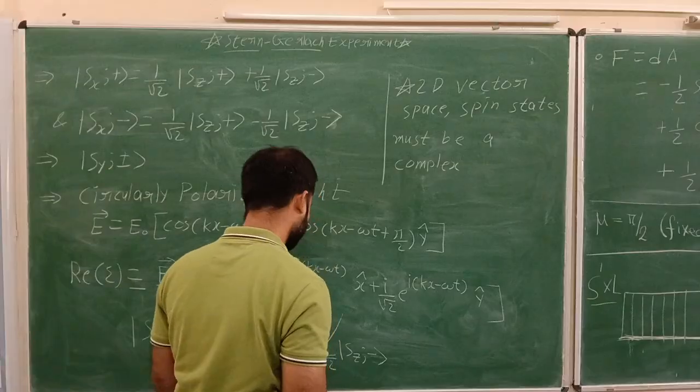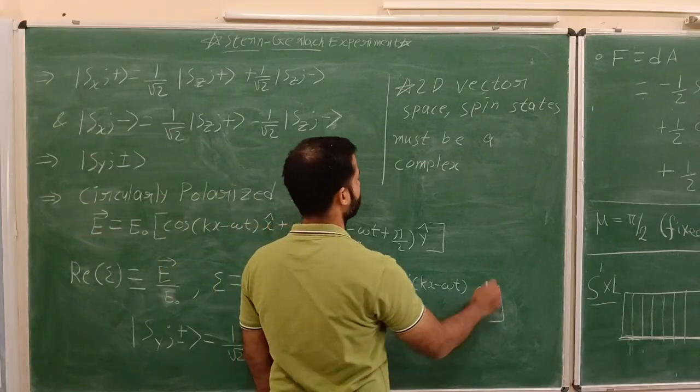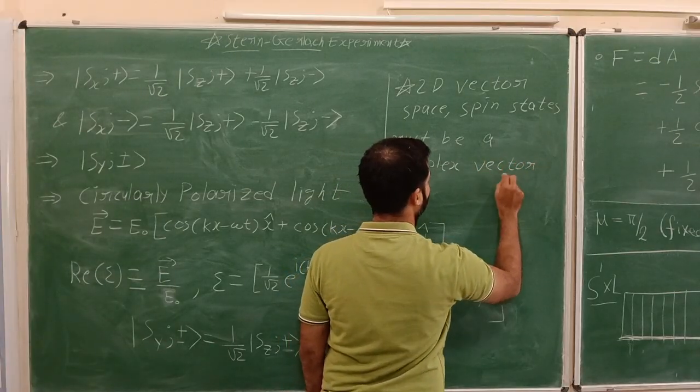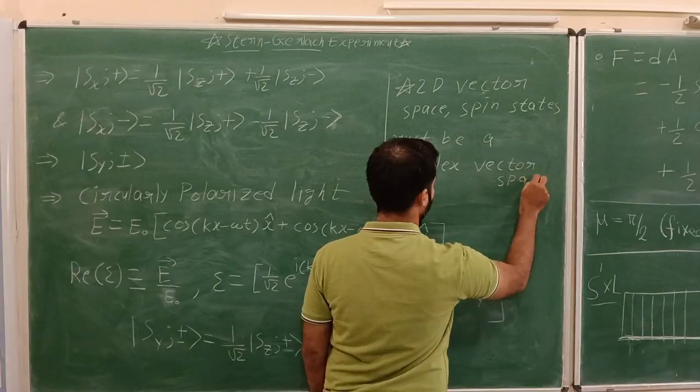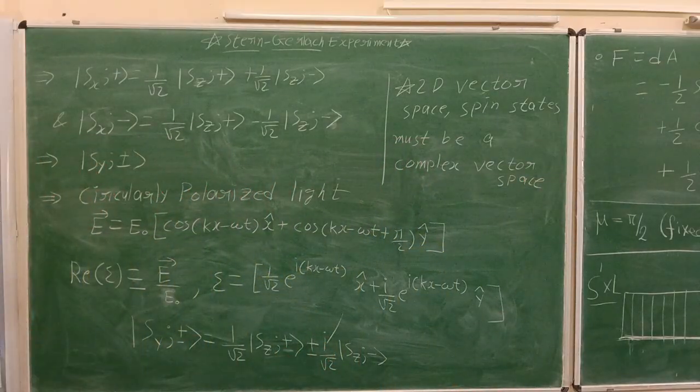It must be a complex vector space because we have introduced the complex number here. This much we can reach by making an analogy with the classical experiment of light polarization.